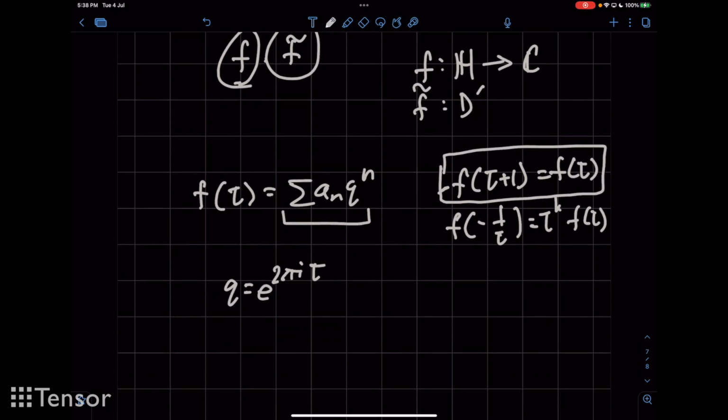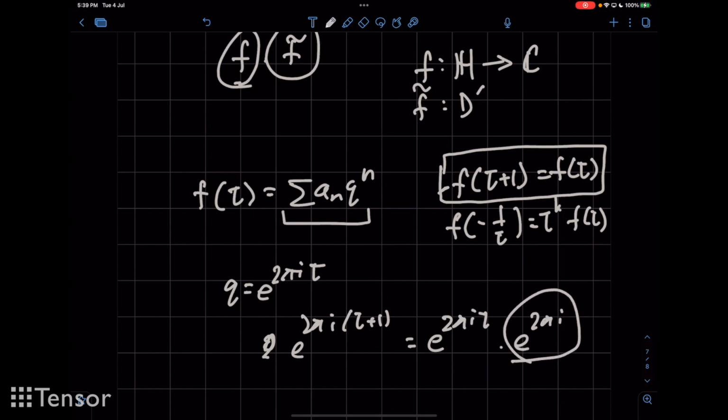If we replace tau by tau plus 1, then we get e to the 2 pi i tau times e to the 2 pi i, and e to the 2 pi i is 1. So this property is easily verified. I should rather say this property is easily encoded in this q series expansion.